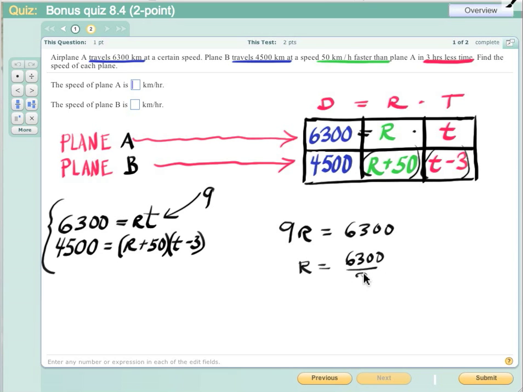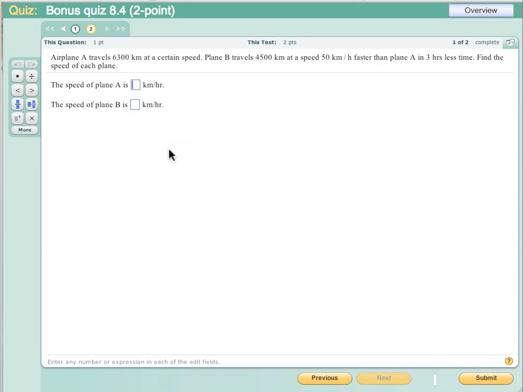When you do this division, you of course get 700. So R is equal to 700. That is the rate of plane A, and R is equal to 700, so the rate of plane B is 750. So 700 will go here, 750 will go here, and basically we're done.